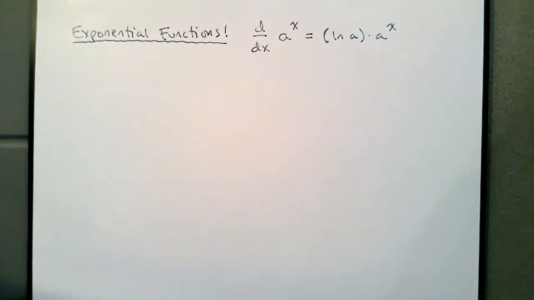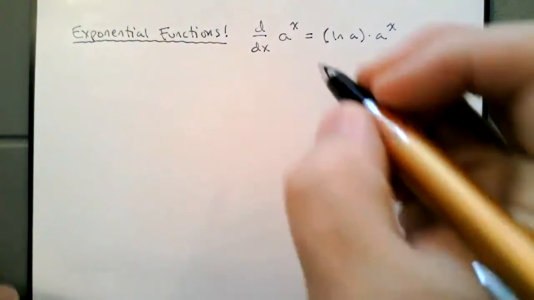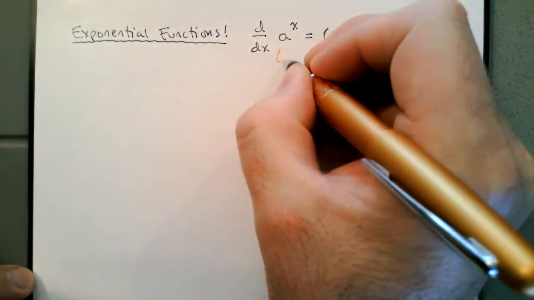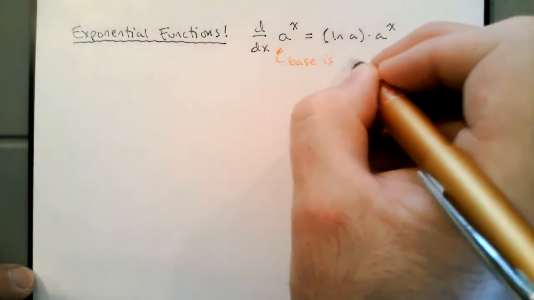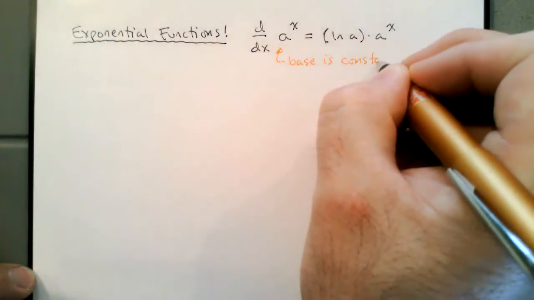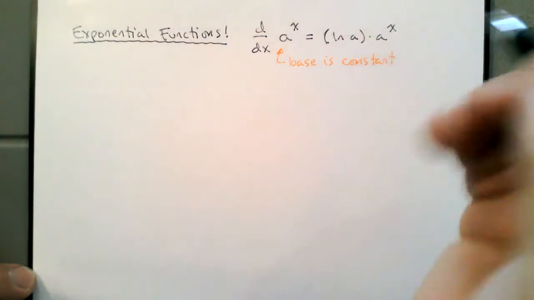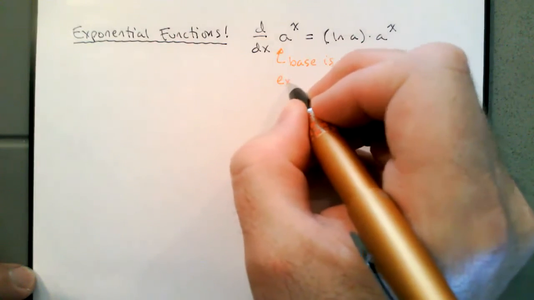So in this case, the base is constant. So in an exponential, the base is constant. The exponent is variable.